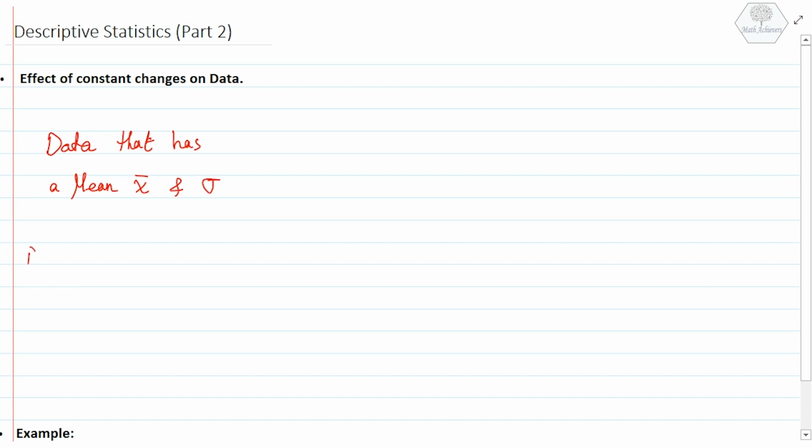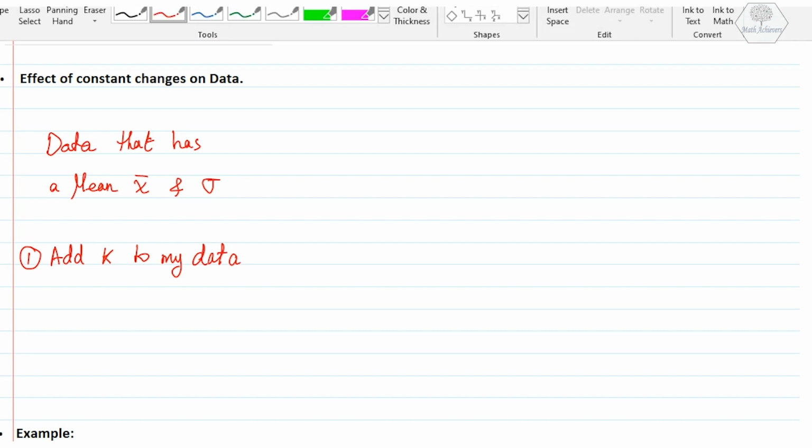In the first case, I want to add any value k to my data. In the case of addition or subtraction, the mean is always affected, while the standard deviation stays the same.